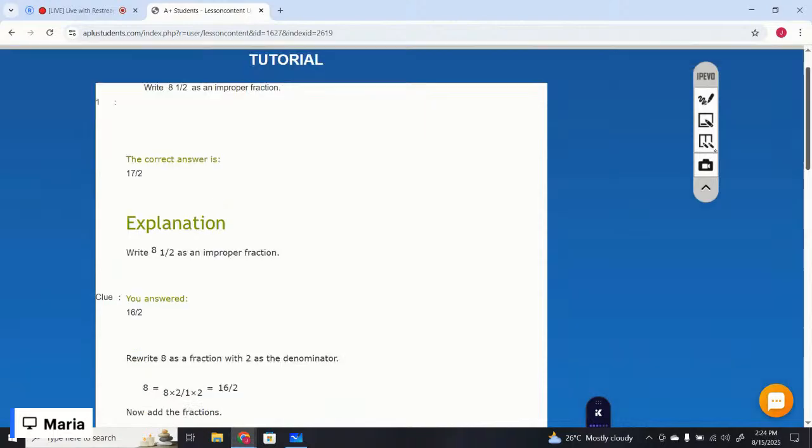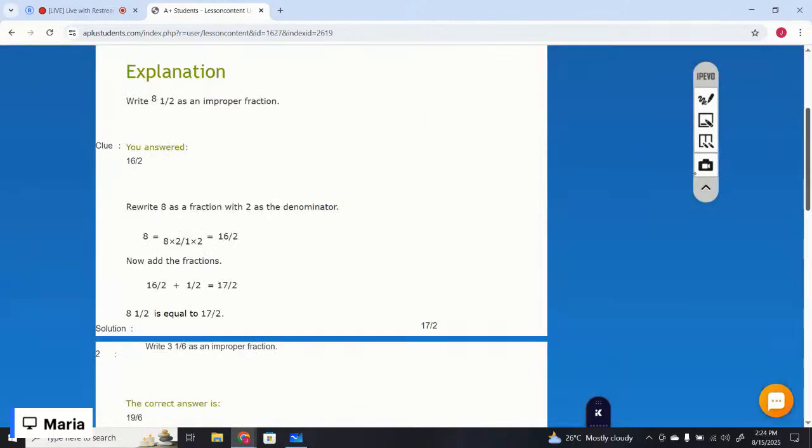Right? 8 whole 1 by 2 in improper fractions. So 8 whole.